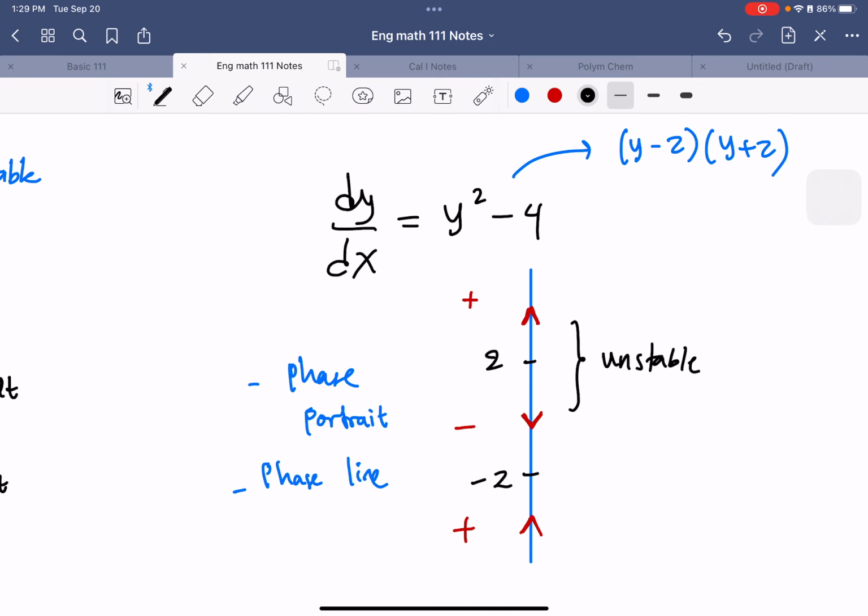For the unstable, you will see when we move out the curve, there will be some issue in stability. Okay. Now we have the arrow downwards and the arrow upwards going to one point. We call this the stable.